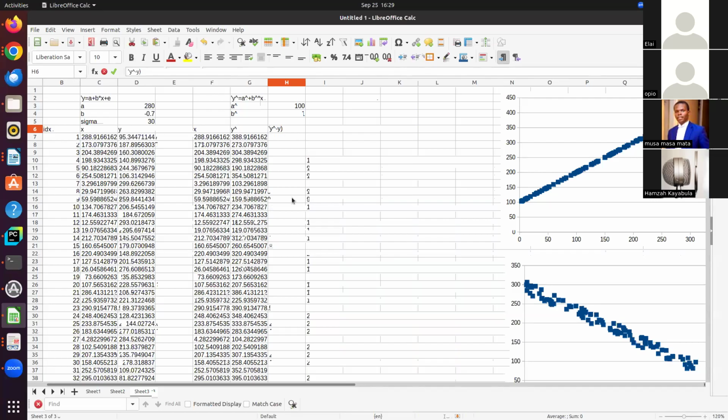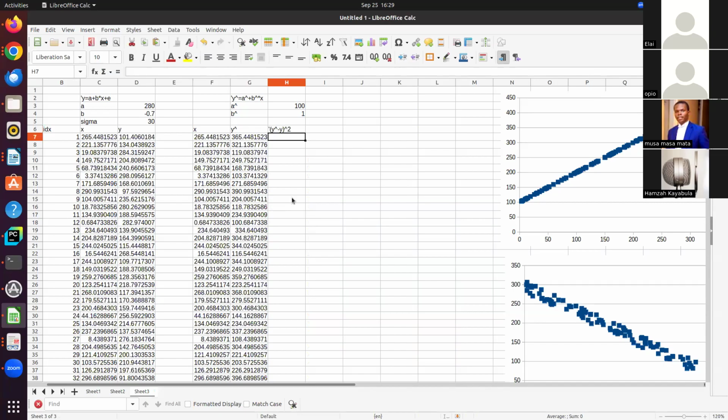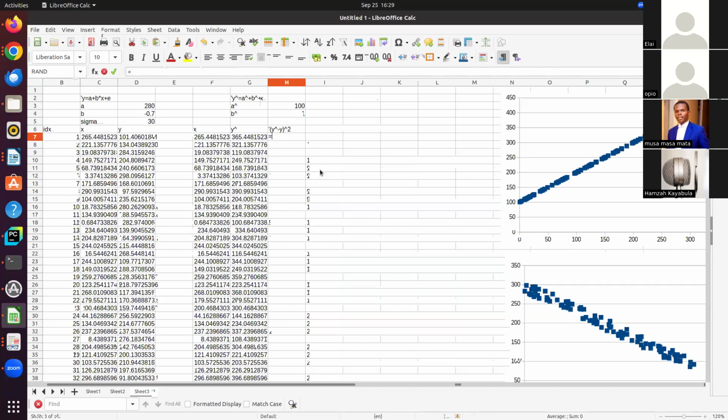Take the difference, so it doesn't matter if the point is above or below. If we square, it will always be positive. That's what we're going to do here. So we take this y, we subtract from it this one, and we square it.